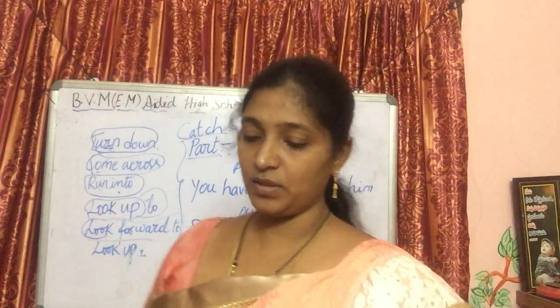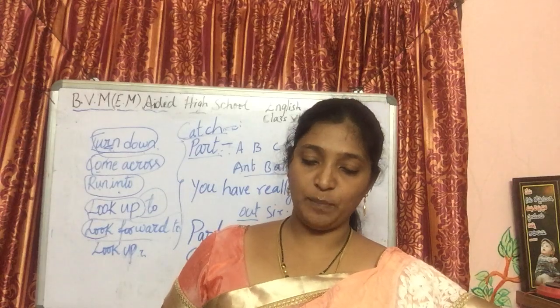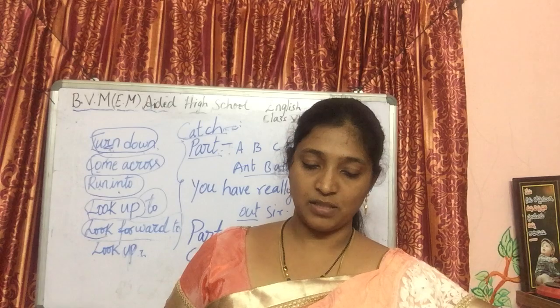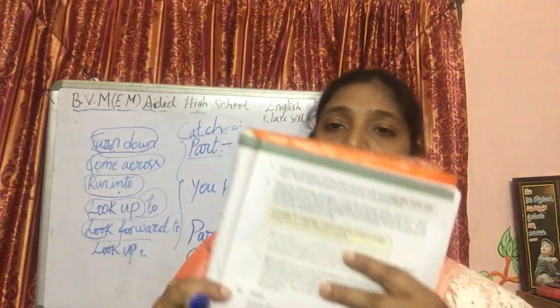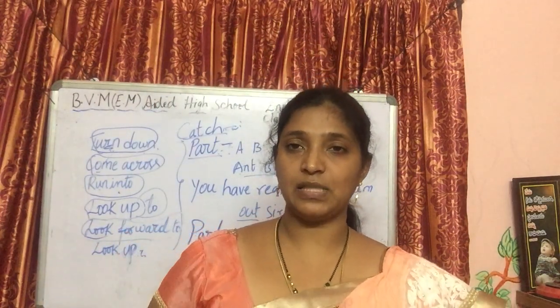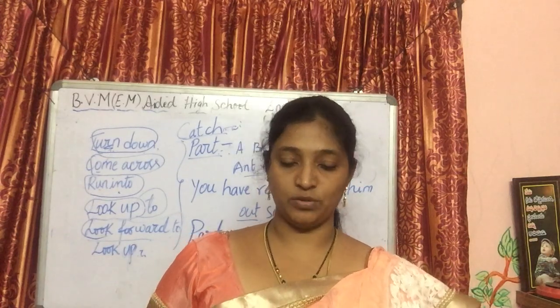That is your homework. Now, the second question: read the following passages, circle the phrasal verbs and guess their meanings. So here we have two passages. Read them and you can write the phrasal verbs from them. I'll read those two and then we'll discuss a little bit so that you will know which ones to write and what to write.